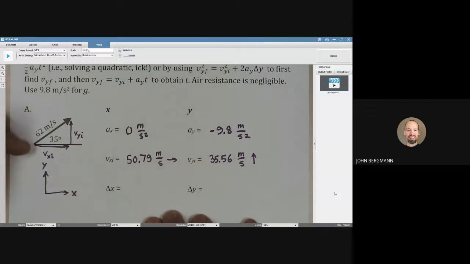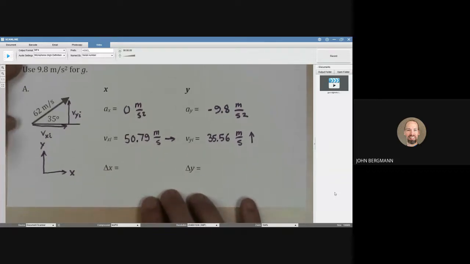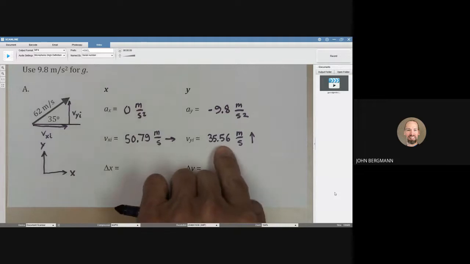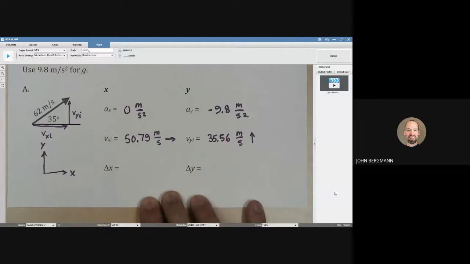Assuming that this projectile lands at the same elevation as what it was launched at, in other words, it's not launched from the top of a cliff and it doesn't land on a cliff, what that means is that the downward y velocity at the end will be the same in magnitude as the initial upward velocity.